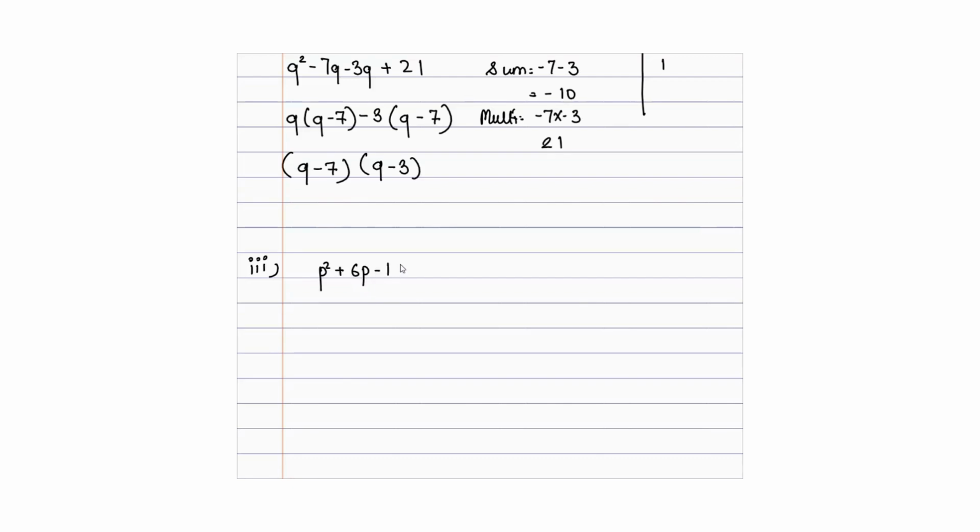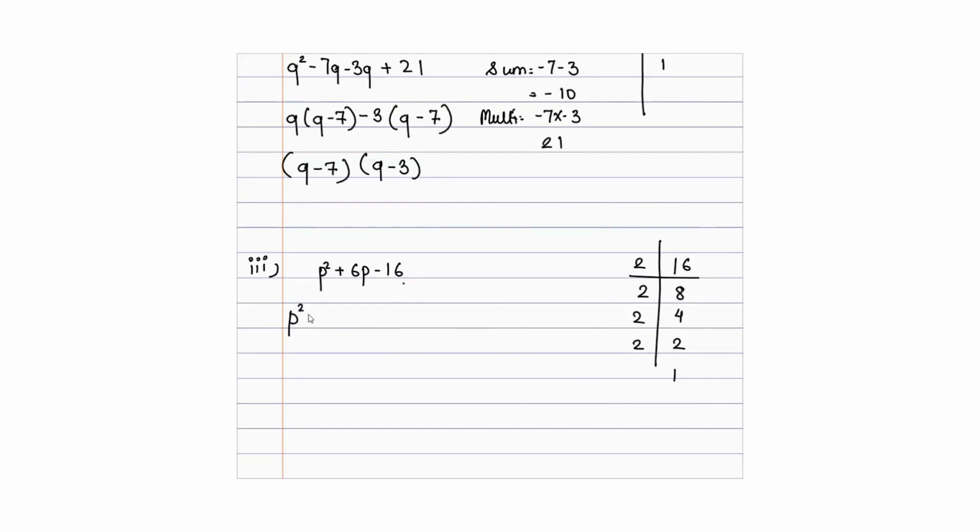Okay, let's solve the third bit and the last question of this exercise, that is p square plus 6p minus 16. Again 16. We will see what the factors of 16 are. 2 times 8 is 16, 2 times 4 is 8, 2 times 2 is 4, 2 times 1 is 2. So 2 times 2 is 4, 4 times 2 is 8, and 8 minus 2 is 6.